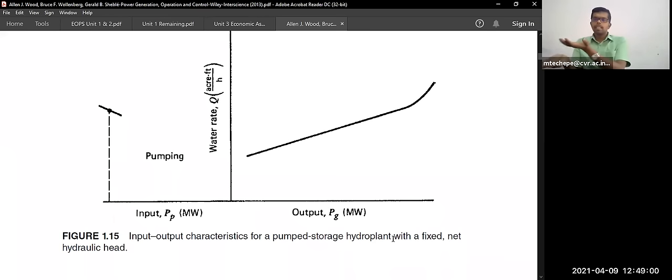Again it passes over some 20 or 30 kilometers to a third stage, where we again utilize that water.